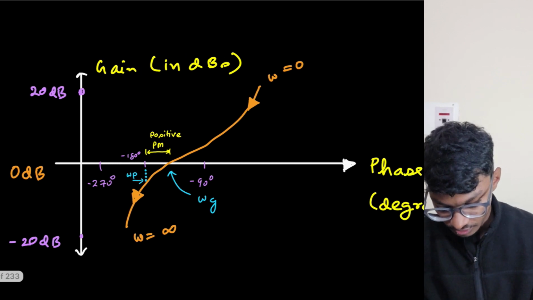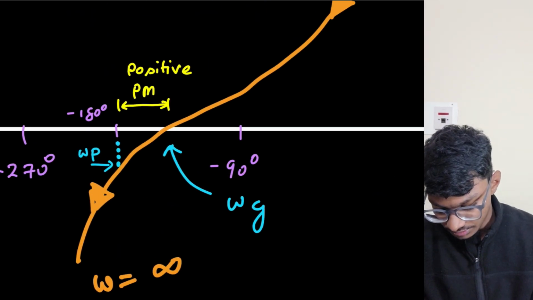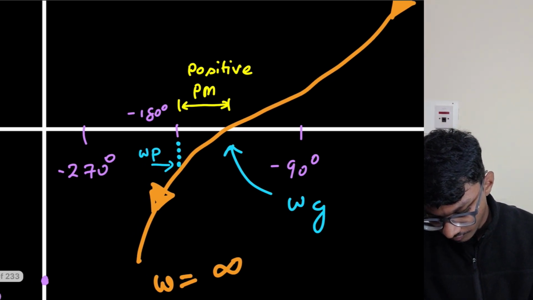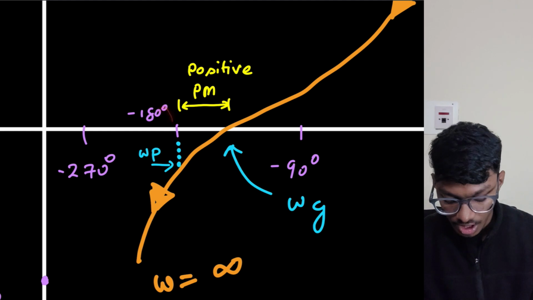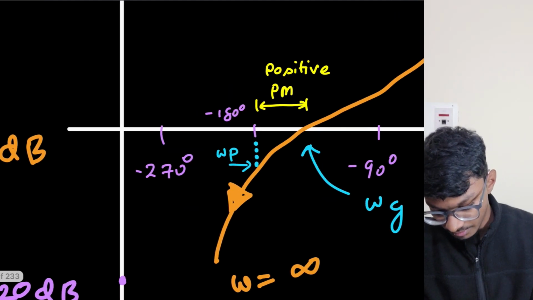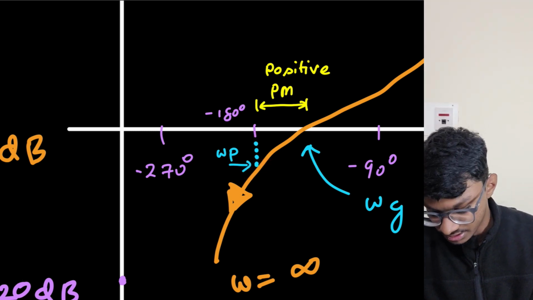So if my phase margin is positive, now what about my gain margin? Gain margin I can comment on as: when my phase is minus 180, how much gain margin I have to provide to take it to 0 dB. So here my gain is obviously less than 0 dB, so I have to add some gain, add some margin to it.